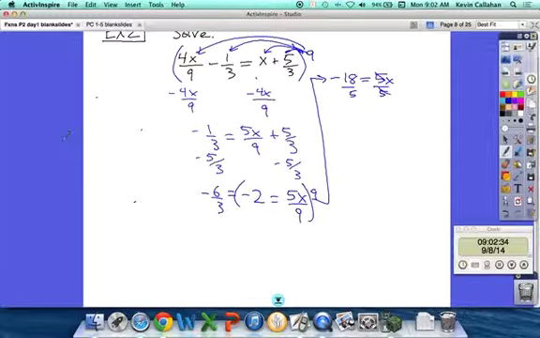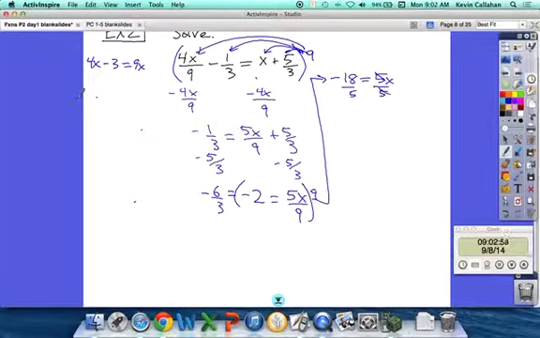The 9s cancel. When I multiply negative 1/3 times 9, 3 goes into 9 3 times, so that's minus 3. X times 9, there's no denominator there.